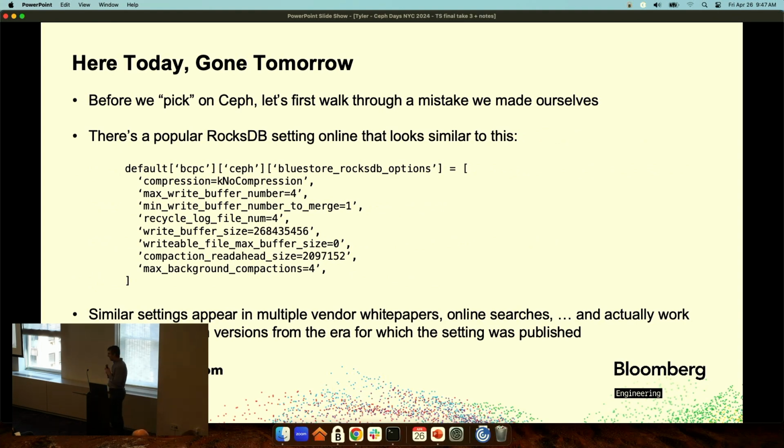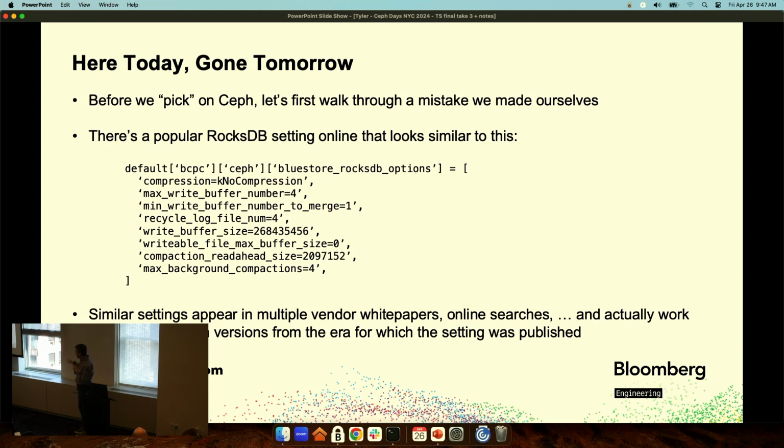But before we pick on Ceph, and this goes back to don't change things unless you really understand what's going on, there's a bunch of white papers online. They're well-intended, and they do improve things for old Ceph releases. These white papers for all-flash storage will tell you to use these RocksDB settings.